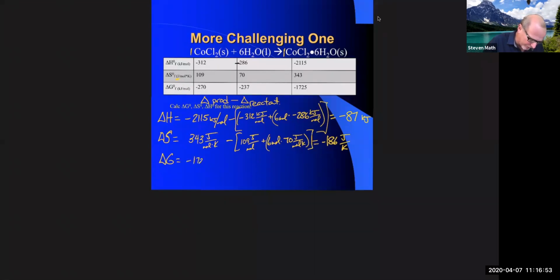So negative 1725 kilojoules per mole times 1 mole minus the sum of our reactants, which in this case is going to be negative 270 kilojoules per mole plus 6 moles times a negative 237 kilojoules per mole. Brackets, make everybody happy. And we're going to get a negative 33 kilojoules per mole.